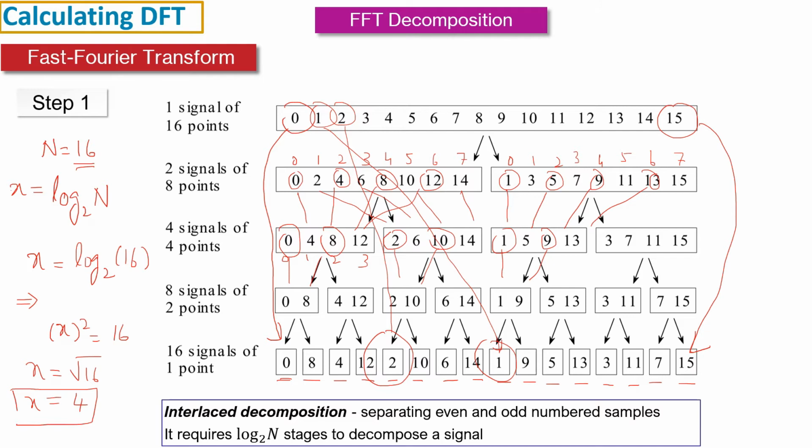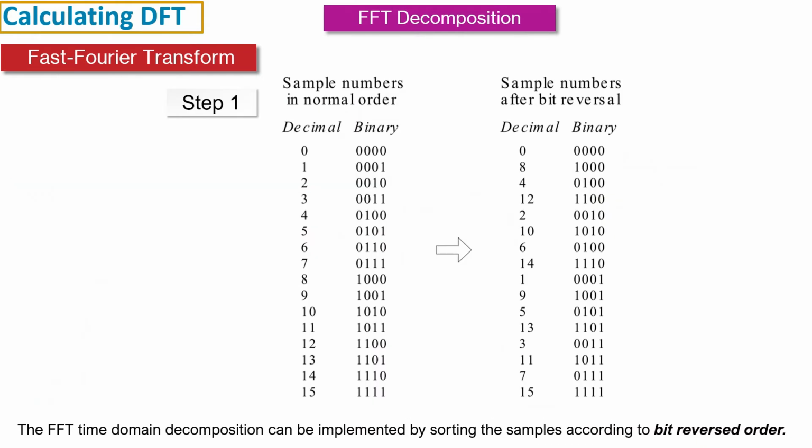Now you just take notice that 0 and 0, then there is 8, 4, 12. So these are arranged now. Actually, there is a rearrangement of the samples. There is an order in this rearrangement, like given here.